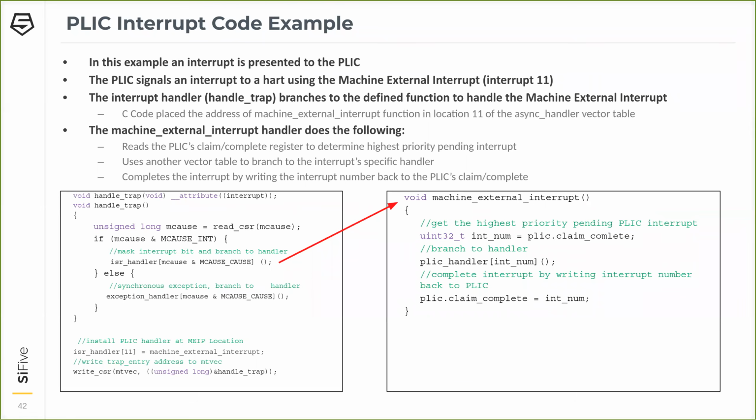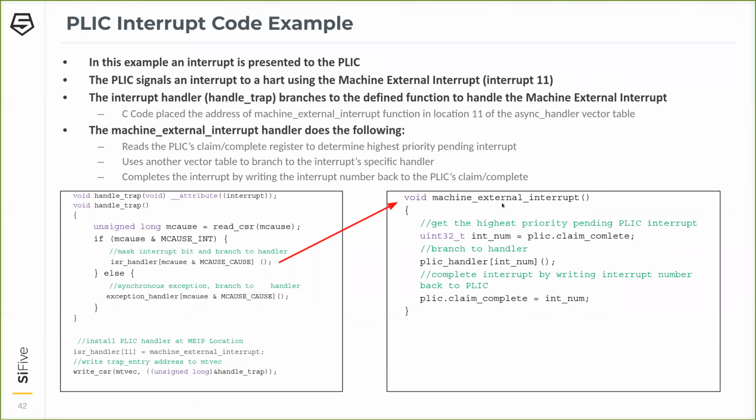And if I take a look at the PLIC interrupt code, again, on the left here, it looks exactly the same as the previous example. The addition here is that we defined a machine external interrupt function to handle interrupts generated by the PLIC. And in this case, the jump table would then jump to this function for interrupt code 11, which was the machine external interrupt.